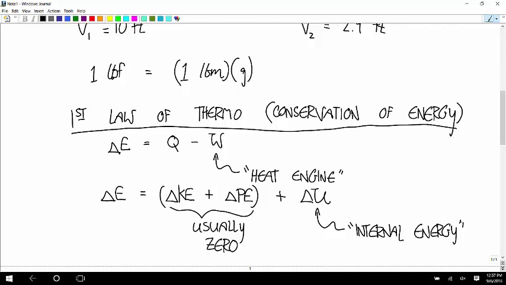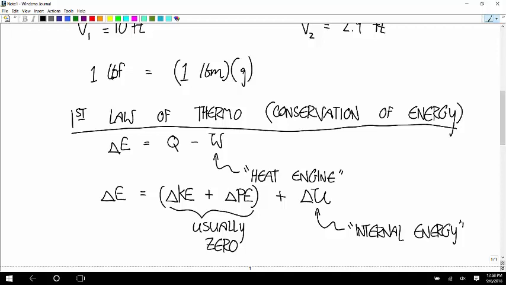Or, what we're going to see almost all the time, you could change the temperature of the gas. If it gets hotter, you have more energy stored inside the gas, more internal energy, and if it gets cooler, you have less. That's not 100% true, but intuitively, that's a reasonable way to think about it.